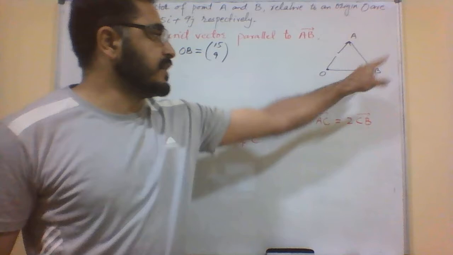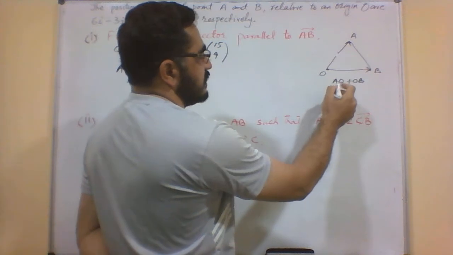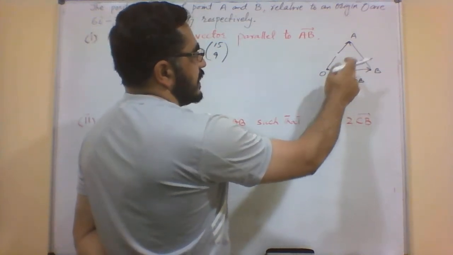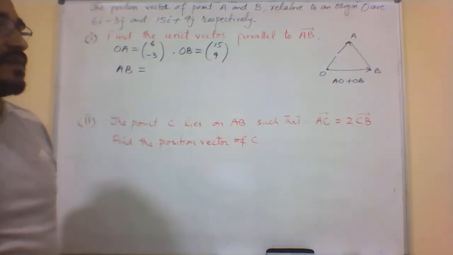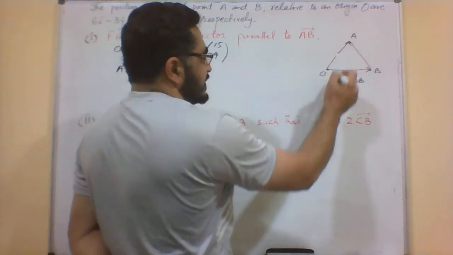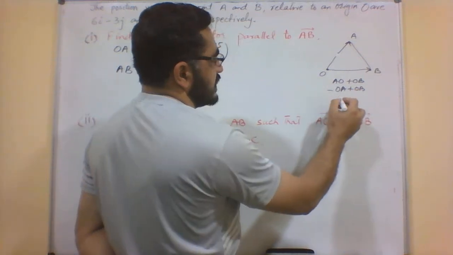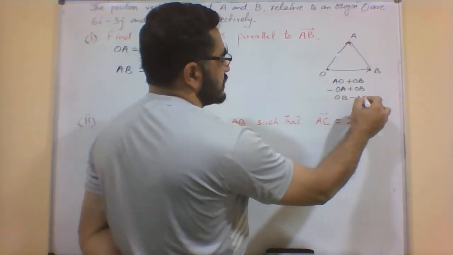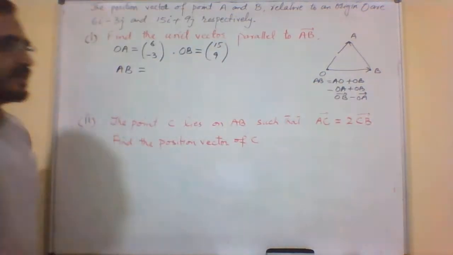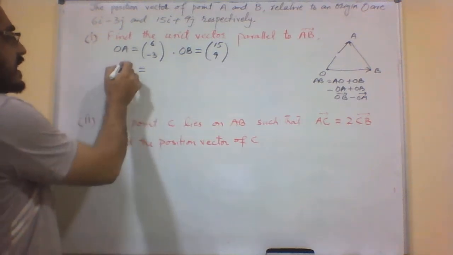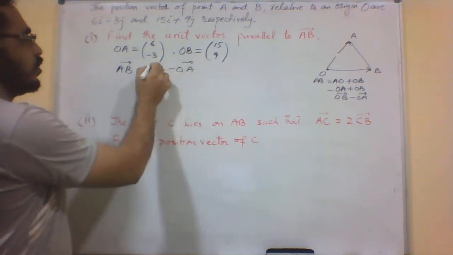From A to O and O to B, so AB is AO plus OB. AO is the negative of OA, so AB is OB minus OA.